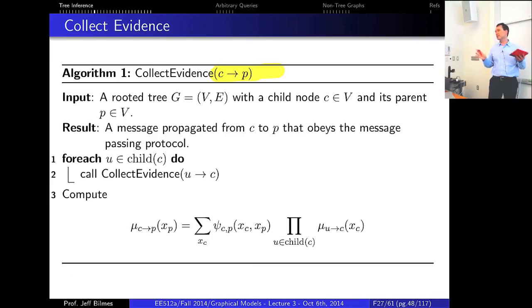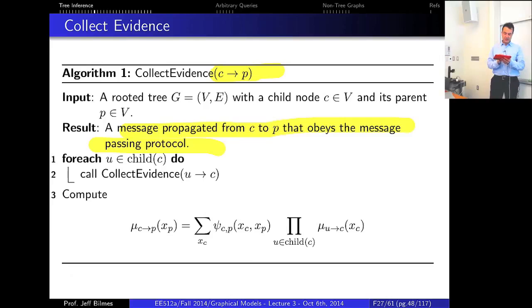Okay, so this is like a subroutine. You can think of it as. And so the 2 arguments to the procedure are the child and the parent, and we're guaranteed that that's true. And then what we end up having as a result is that we have a message propagated from the child to the parent that obeys the message passing protocol.